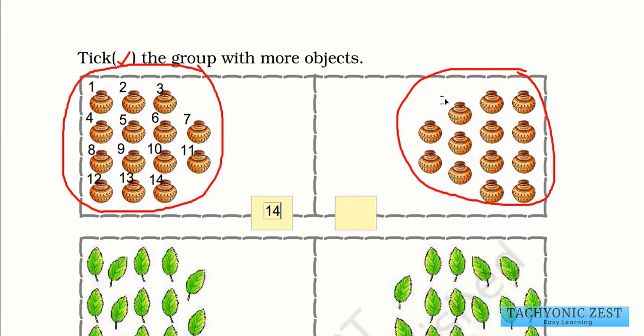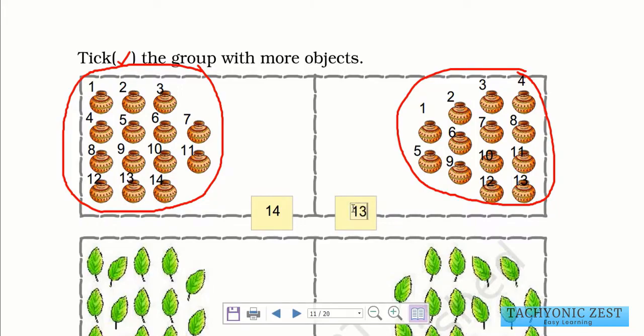Okay, so let us start the counting from here. 1 2 3 4 5 6 7 8 9 10 11 12 13. So this group has 13 objects. So let us write it here. So now clearly we can see that this group contains 14 objects and this group contains 13 objects.